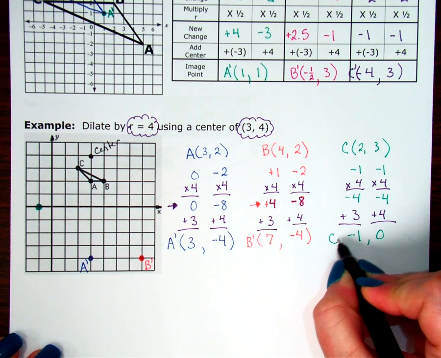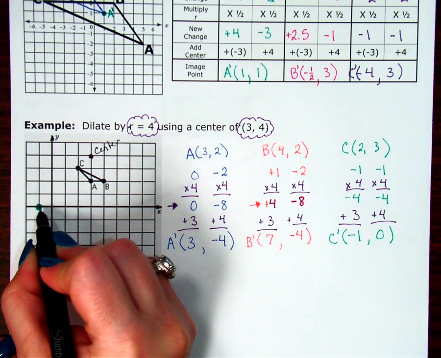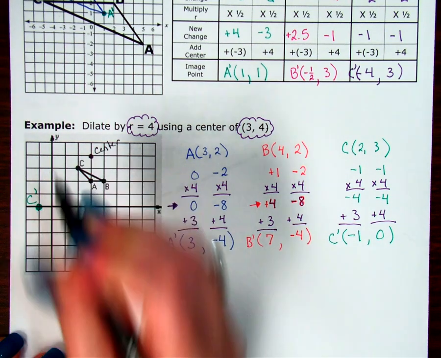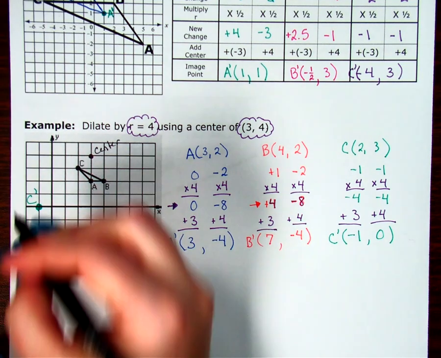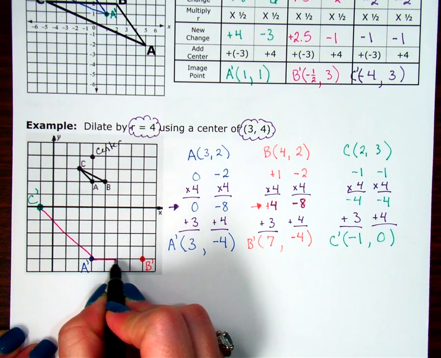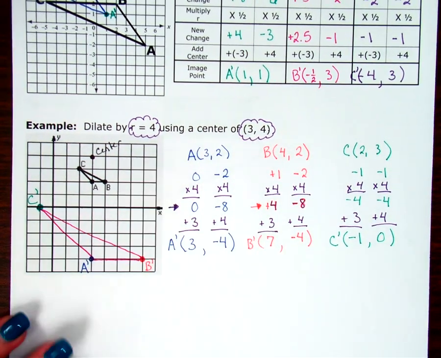So C prime is the point (negative 1, 0), which is right where I had graphed it. So my new image is right here: A prime, B prime, C prime.